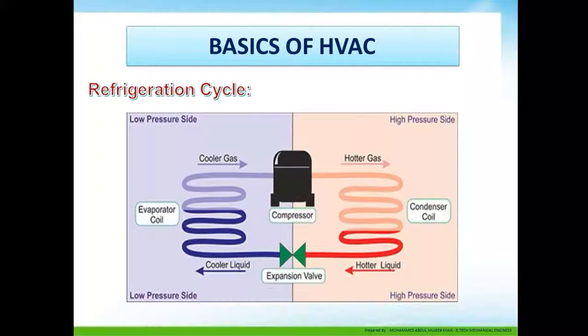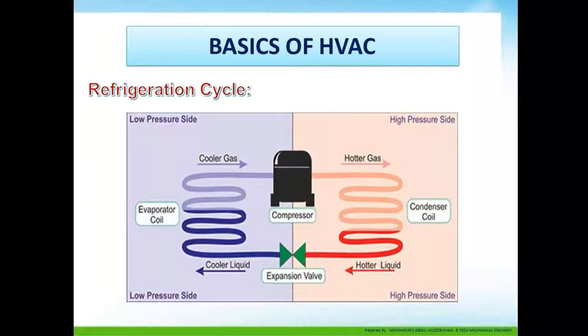As you can see, the hot gas, when compressed, passes through the condenser coil. This is the high pressure gas, where after the heat rejection from the condenser through air or through water, depending on the system, the hot liquid is passed through the expansion valve.